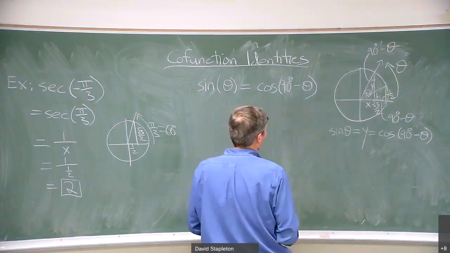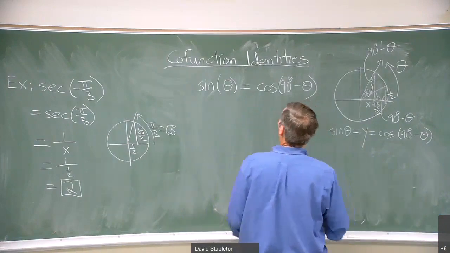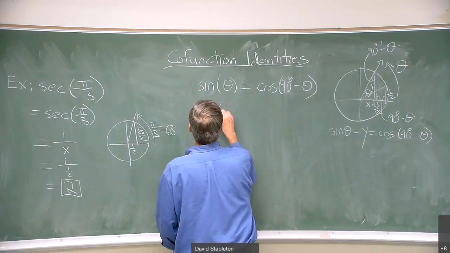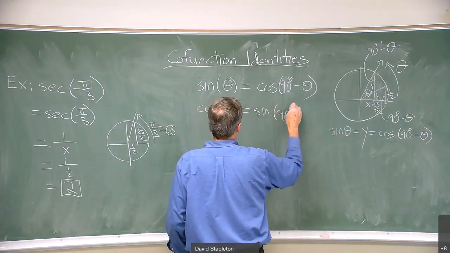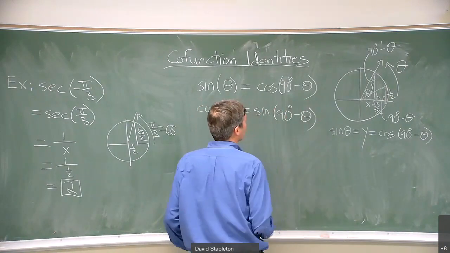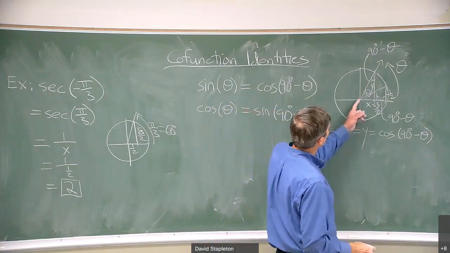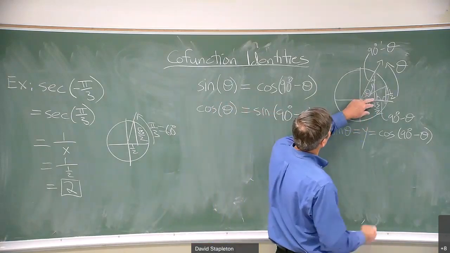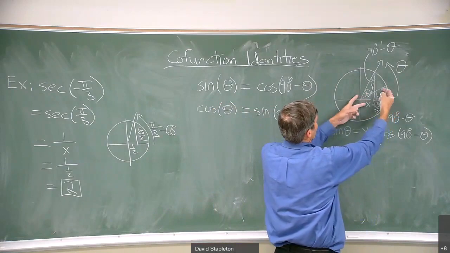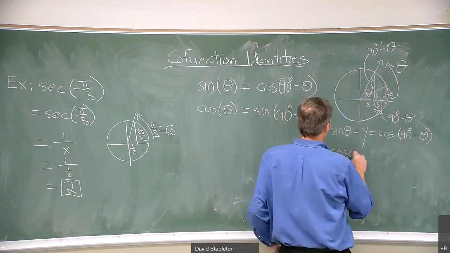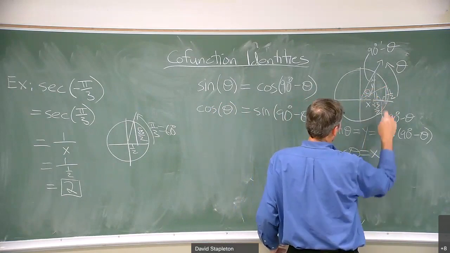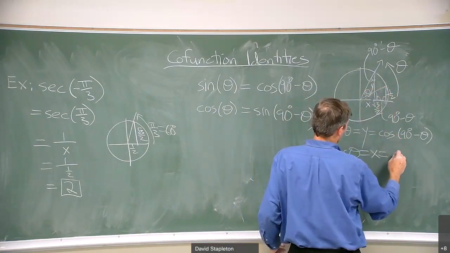And then you can do it the other way too. If you take the cosine of theta, it's equal to the sine of 90 degrees minus theta. All right. Cosine would be the x coordinate here. When you flip the triangle over here, it's the y coordinate on this one. It's the same triangle turned the other way. And so you have cosine theta is the x coordinate on this one. Well, that's the y coordinate on the other one.